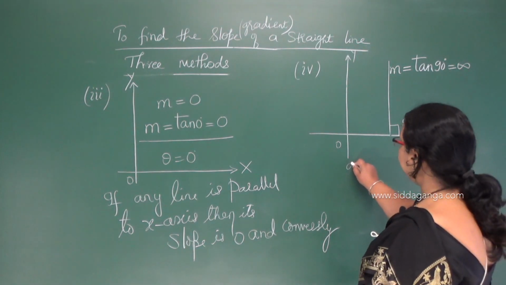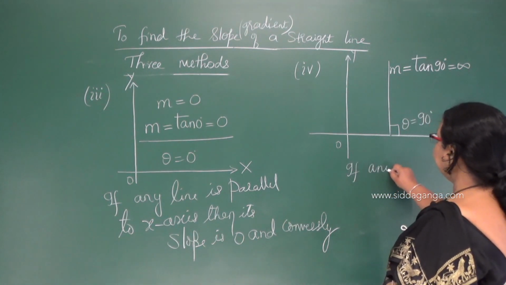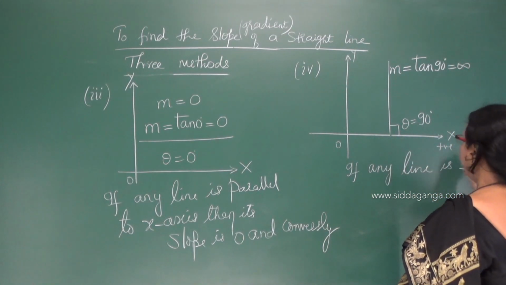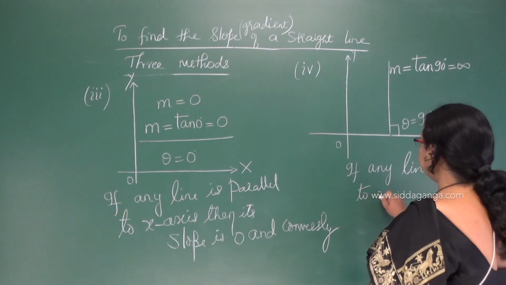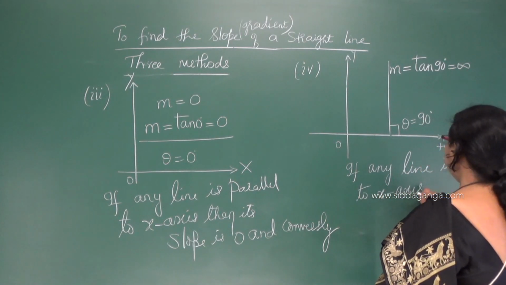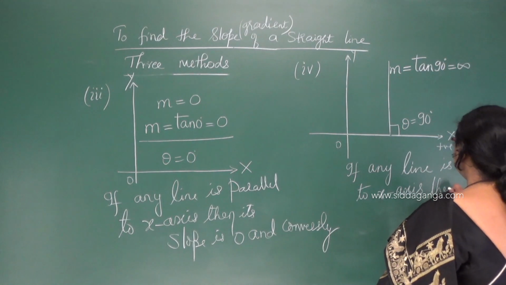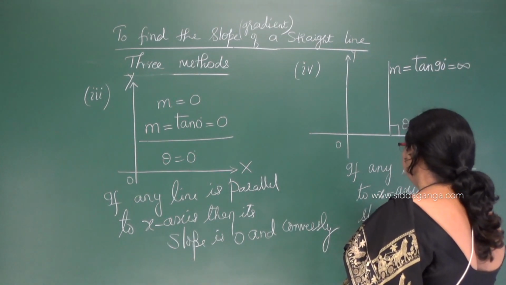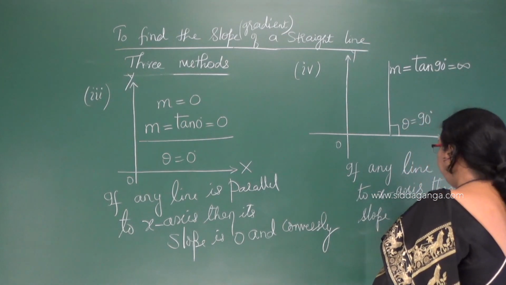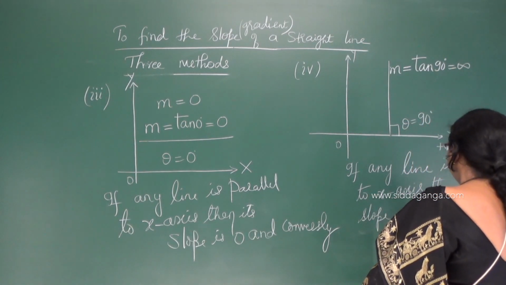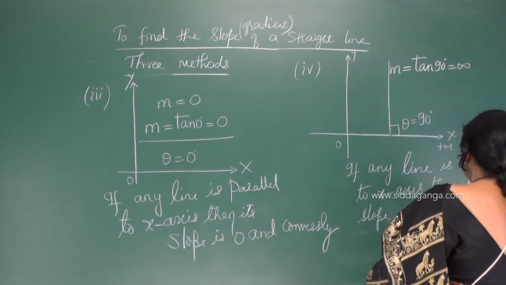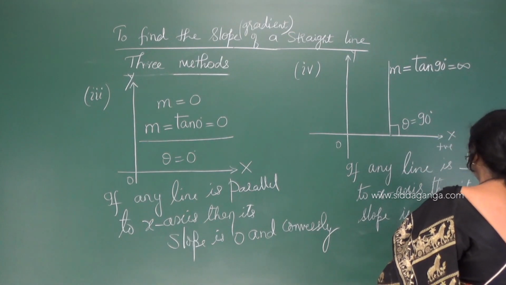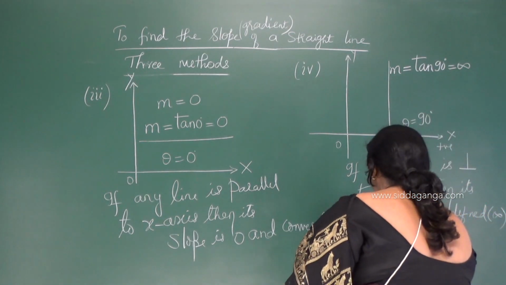That means here if any line is perpendicular to x-axis or parallel to y-axis, then its slope is not defined, which is denoted by infinity, and conversely.